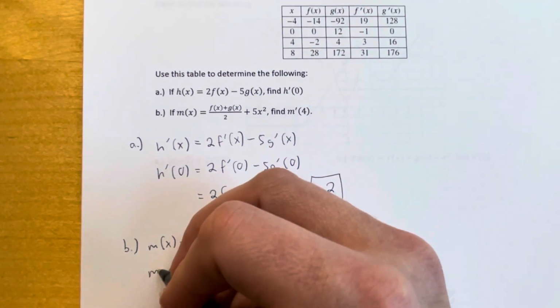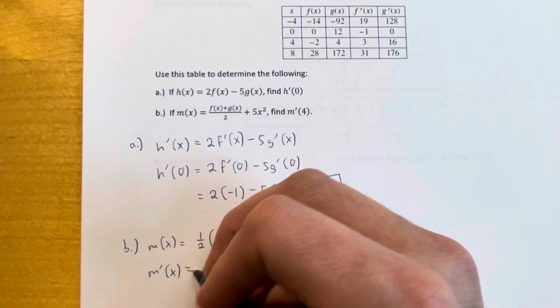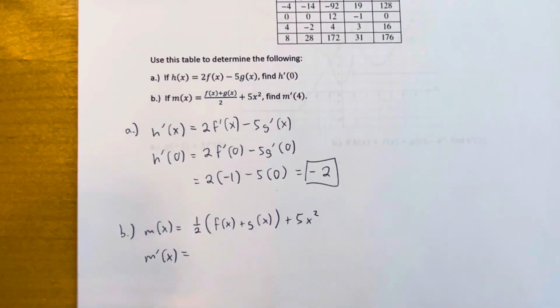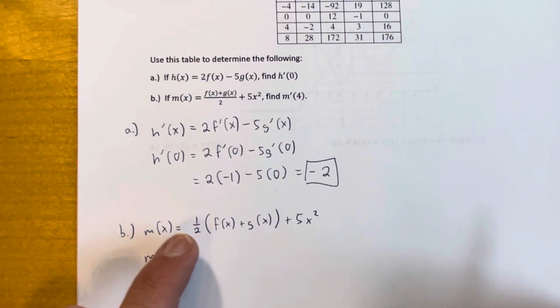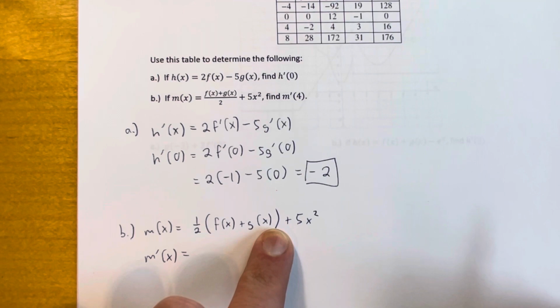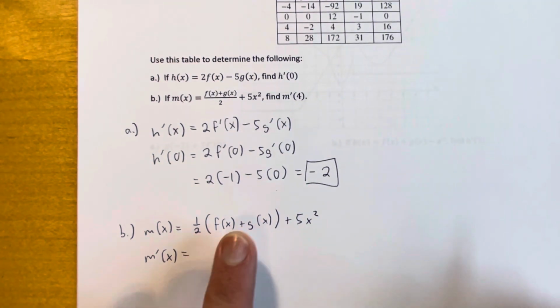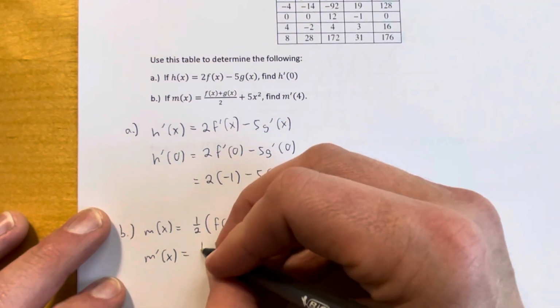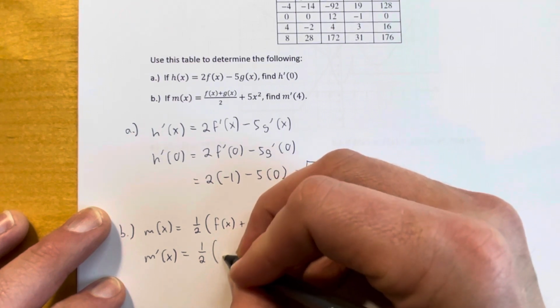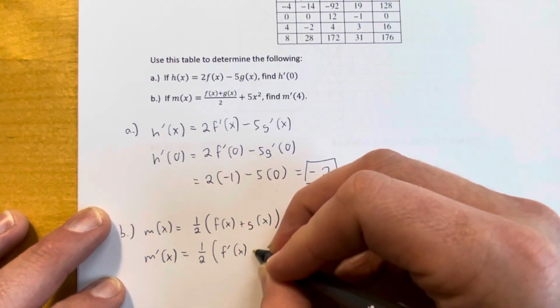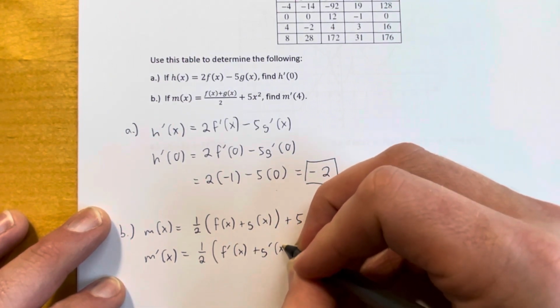So that means m prime can be found by doing a combination of our derivative rules. I have a constant times a function, so its derivative is the constant times the derivative of that function. But that function that I'm referring to is actually a sum of two other functions, f of x plus g of x. Its derivative is just f prime plus g prime. So I'm going to get 1/2 times f prime of x plus g prime of x.